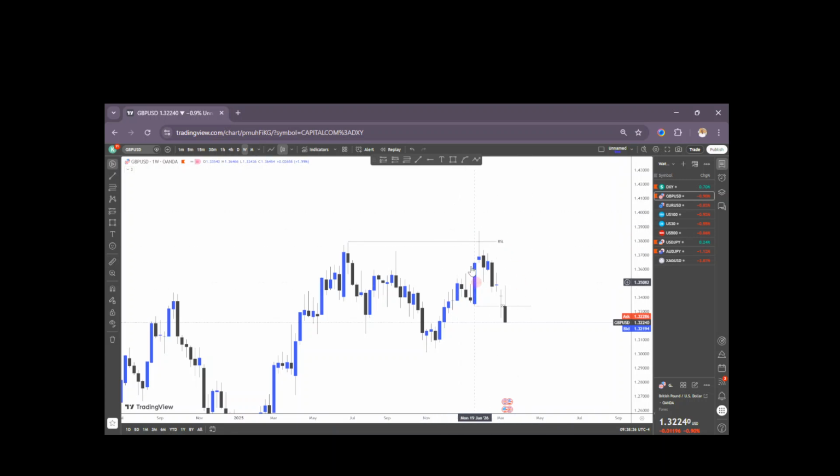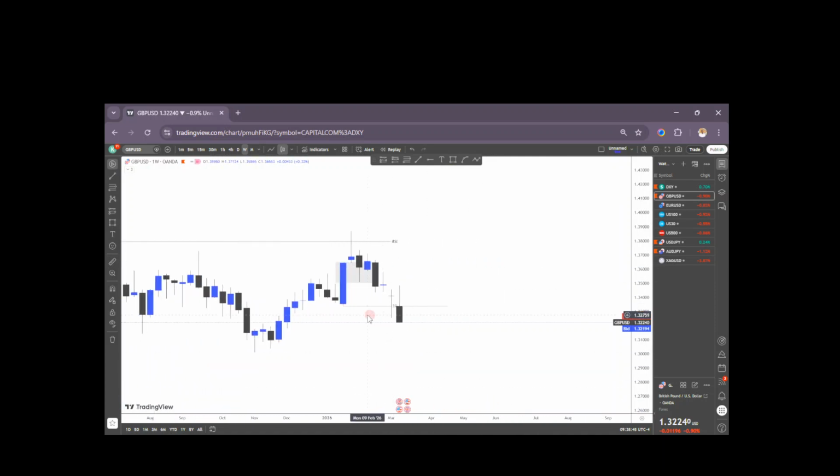Yeah. So we also left this fair value gap here, and you see price react on this week here. You can see price respected this fair value gap. So as I normally say, price usually moves from an external range liquidity to an internal range liquidity to an external range liquidity, and this is classically what happened.